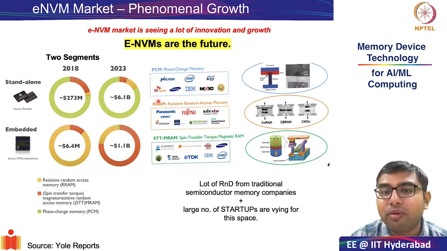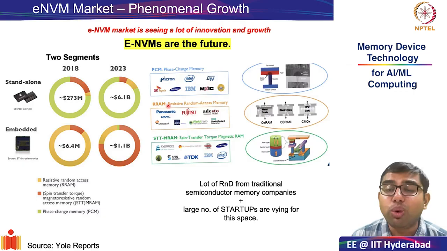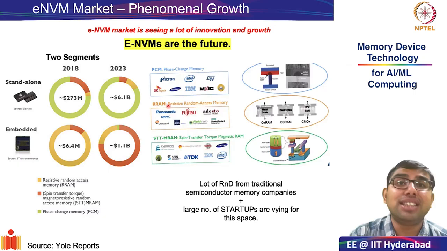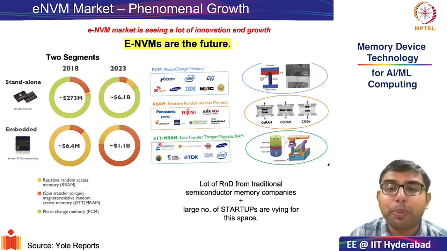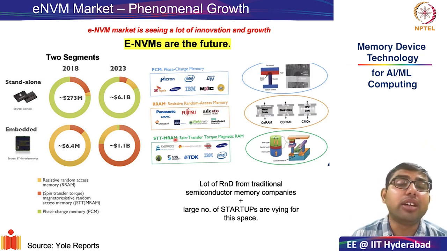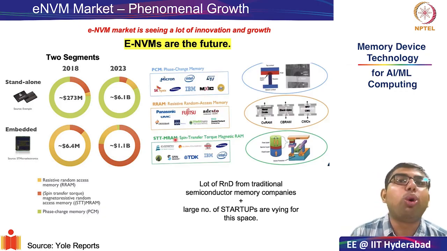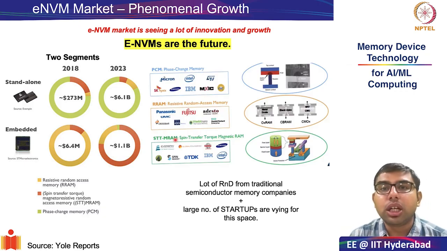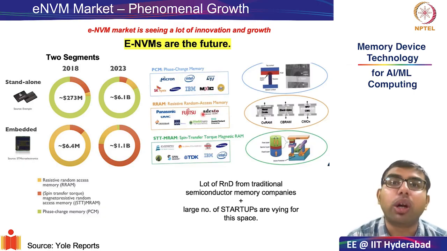First is Crossbar, which is looking primarily at RRAM technology. The founders of Crossbar were actually faculty members at the University of Michigan, and there was a technology transfer from the University of Michigan. And similarly, Everspin, which is a very good company in spin transfer STT-MRAMs, was started at the University of Arizona, and now they are a full-fledged company.